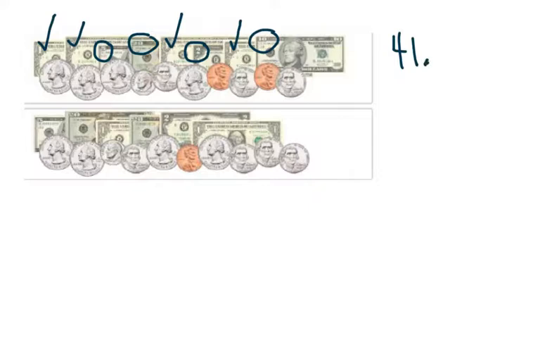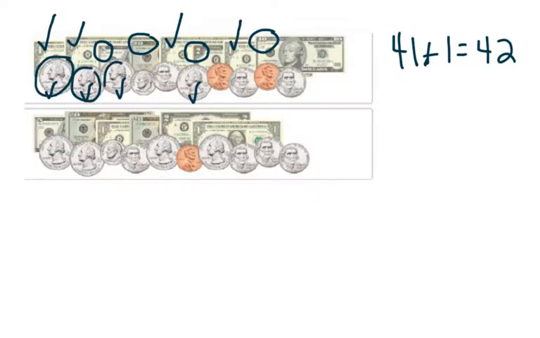Now if we look right here, we have 1, 2, 3, 4 quarters. Well, 4 quarters make another $1. So I'm up to $42. Because 4 quarters, that will make me have another $1. Well, then I have a dime, that's 10 cents. And I have 3 5s.